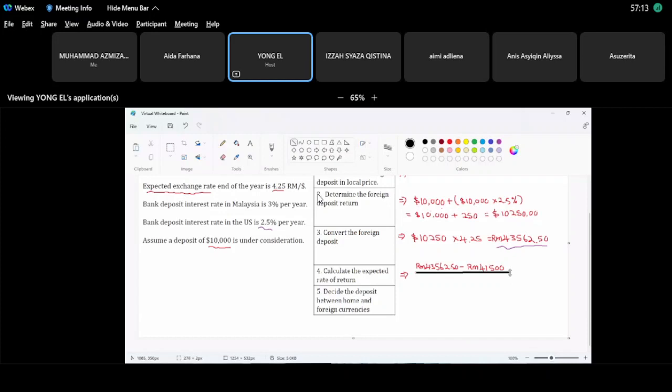41,500 times 100. Okay. What answers do you have? Can you calculate? Can you show your answer in the chat room if you have calculated? 4.97%.